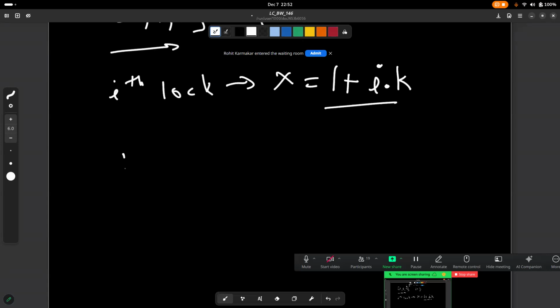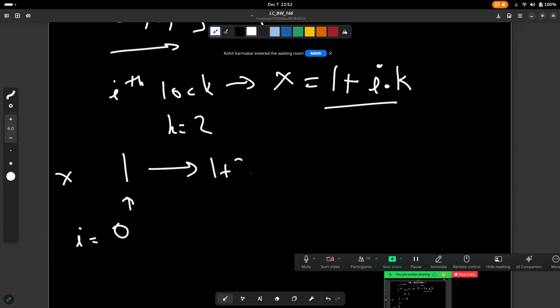So for example, if you start at 1, this is my value for the first lock. For i is equal to 0, I have this value of x. When I break my first lock and go to my second lock, say k is equal to 2, then this becomes 1 plus 2, that is 3, and my value of i is 1.